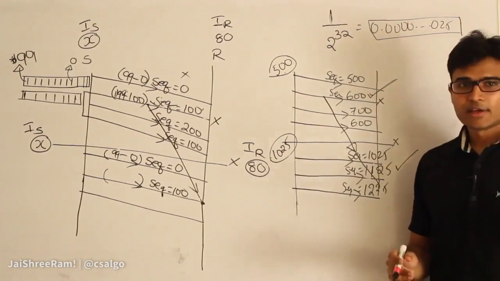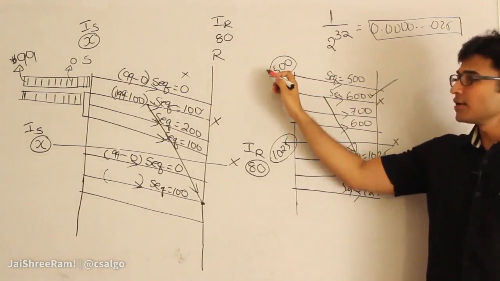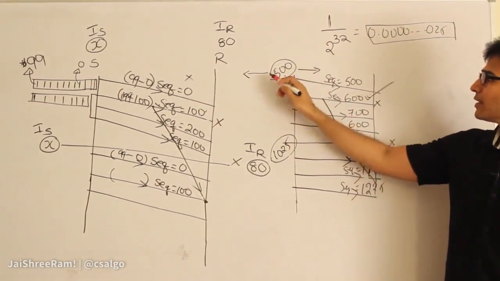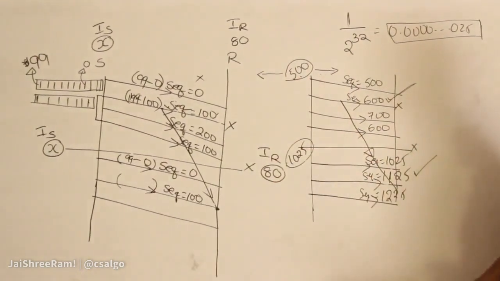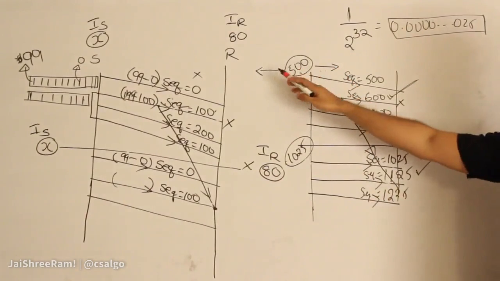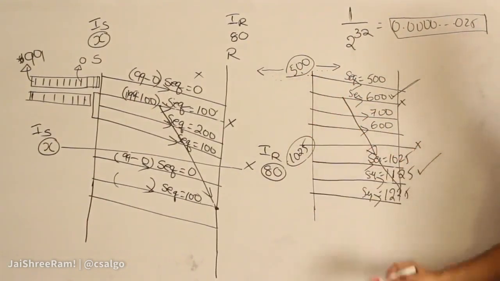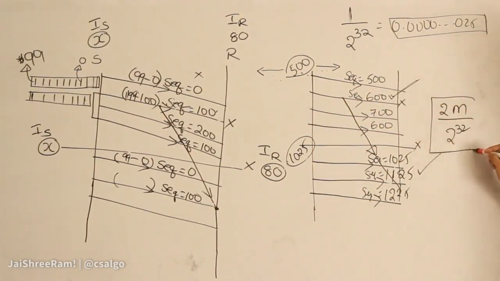I am just saying that if you choose one number now, what is the probability that you are going to get a number within plus or minus 1 million of the 500 next time? The probability is this 2 million numbers range out of 2 power 32. So the probability is 2 million divided by 2 power 32, which is also not very high.